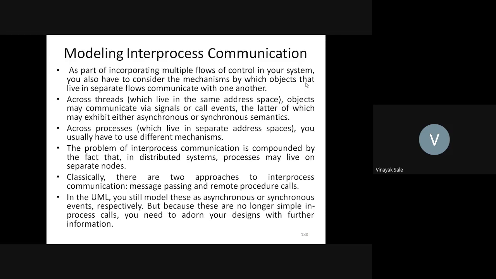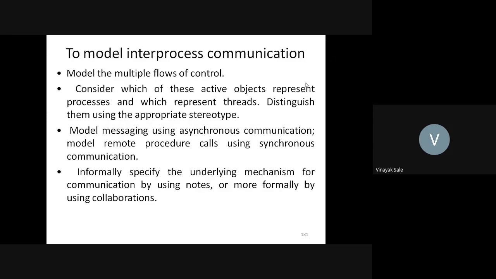Classically, there are two approaches to the IPC: message passing and remote procedure calls. In UML, you still model these as asynchronous or synchronous events respectively. But because these are no longer simple interprocess calls, you need to add further information to your signals.